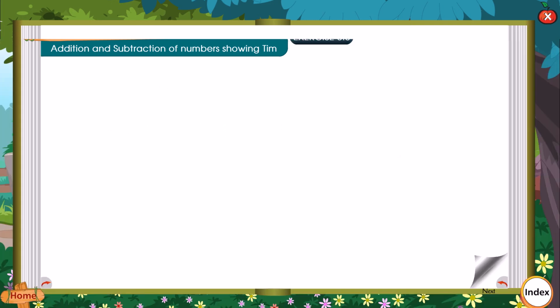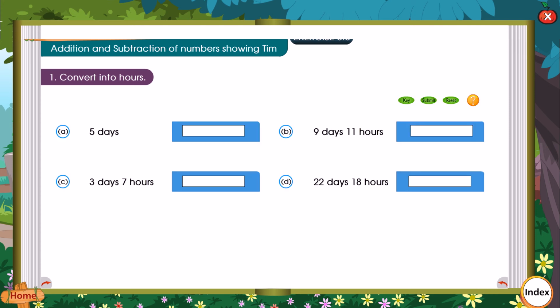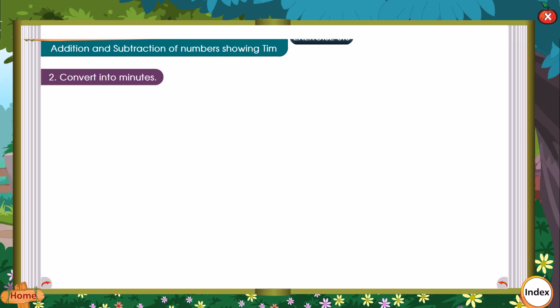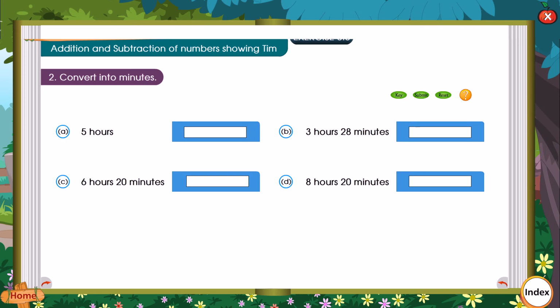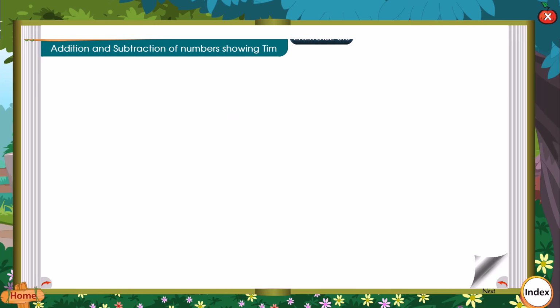Exercise. 1. Convert into hours. 2. Convert into minutes. 3.